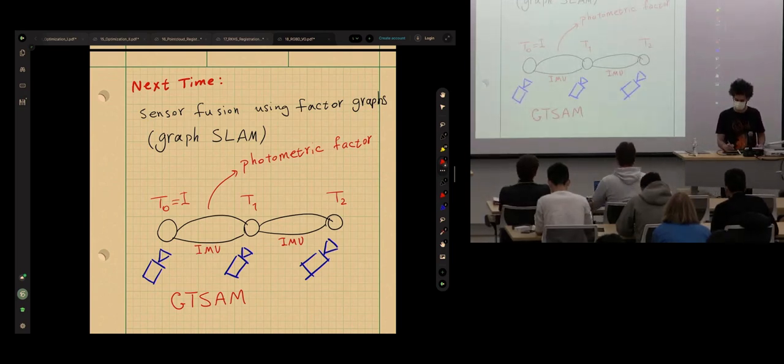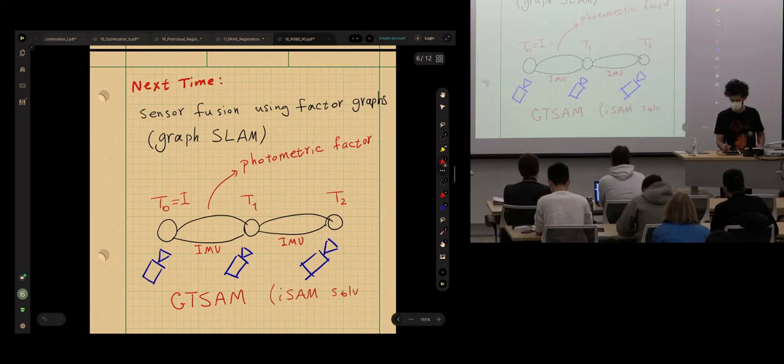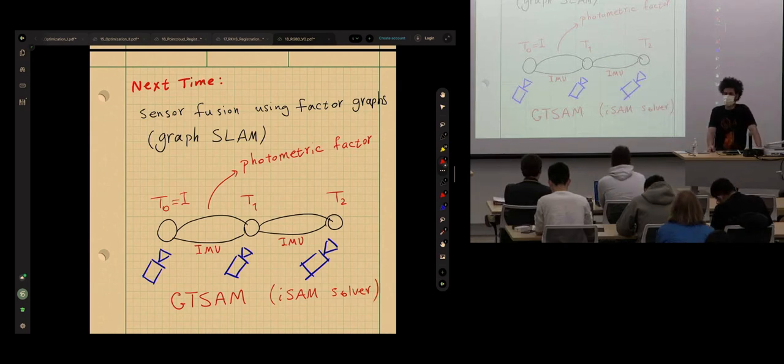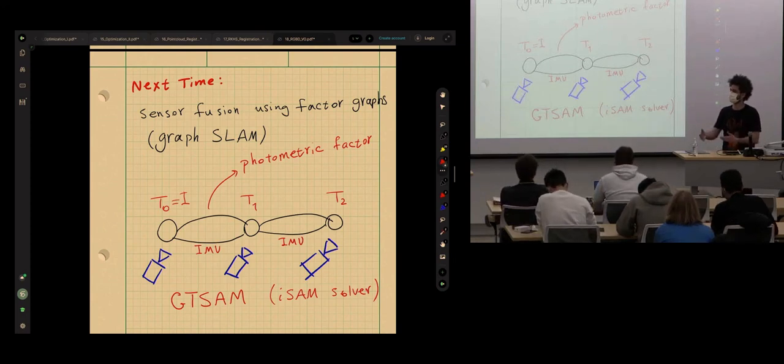GTSAM in particular has the iSAM solver. That solver allows us to solve the problem incrementally online because we don't want to solve the problem from scratch every time. We want to reuse past solutions to update the small amount that we just add to the graph.